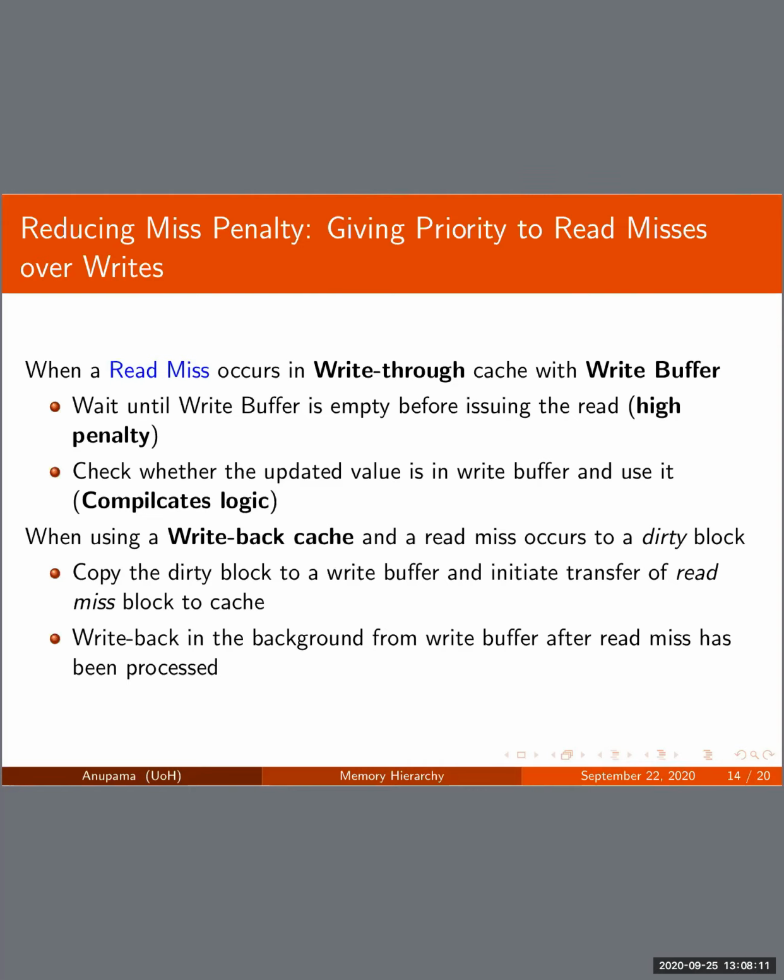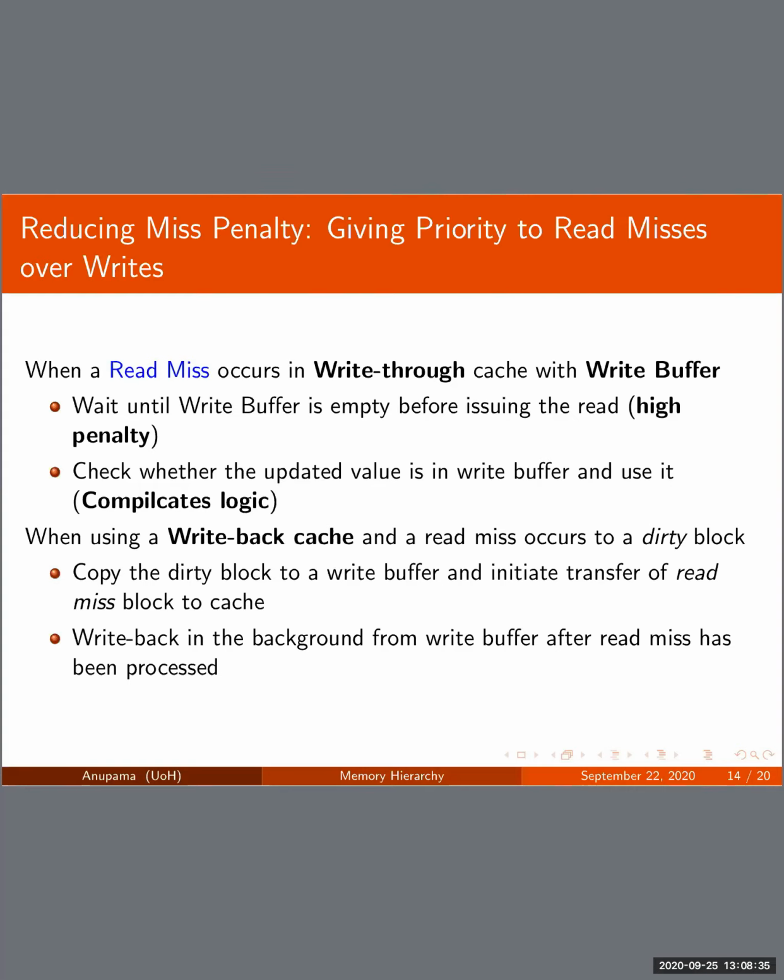That will increase the miss penalty very much. So what do you do? You go and verify if the value you are trying to access is in the write buffer. If it is, use it directly from the write buffer and don't go to the main memory. That is basically how you reduce the miss penalty in this case.